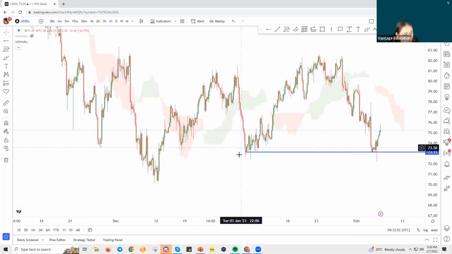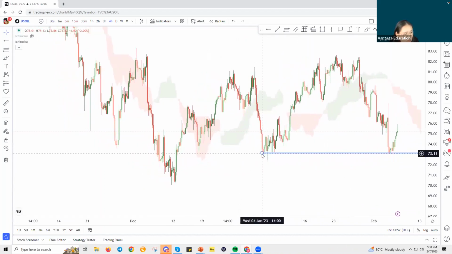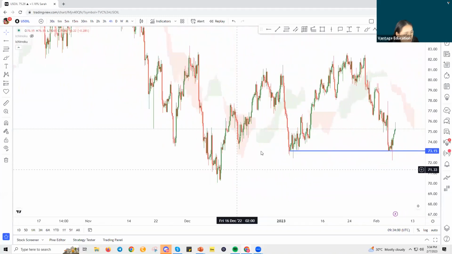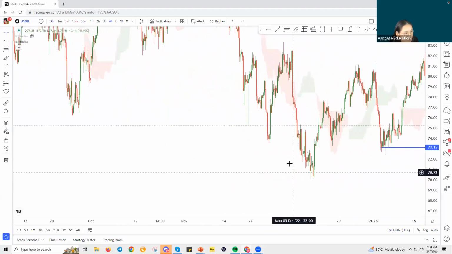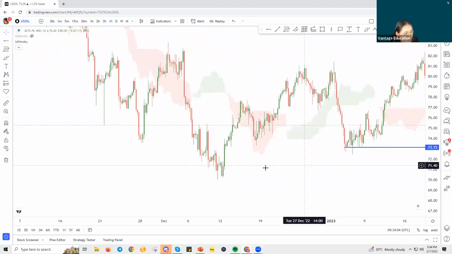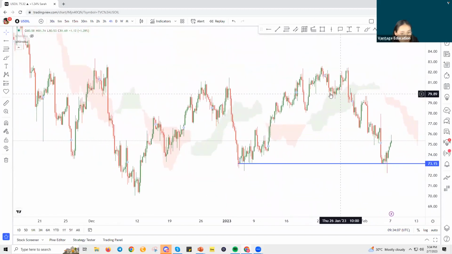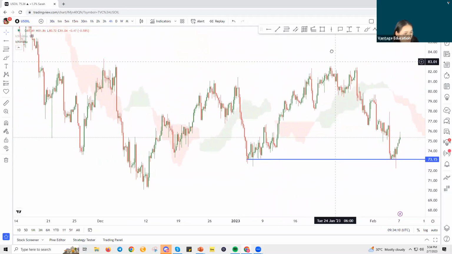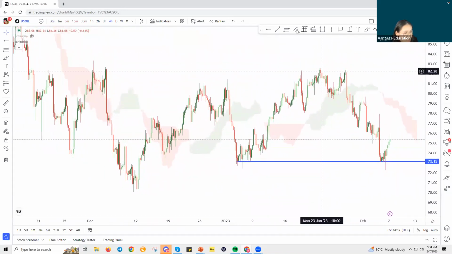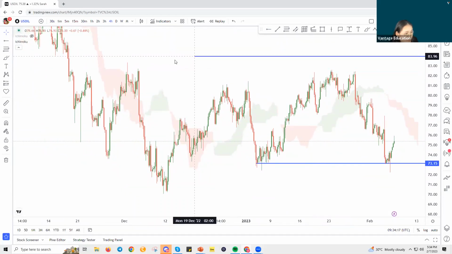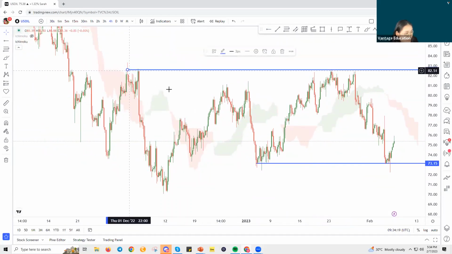I have two swing lows in line with one another. Now let's look for more support and resistance levels. Here I have a swing high that's in line with another swing high.